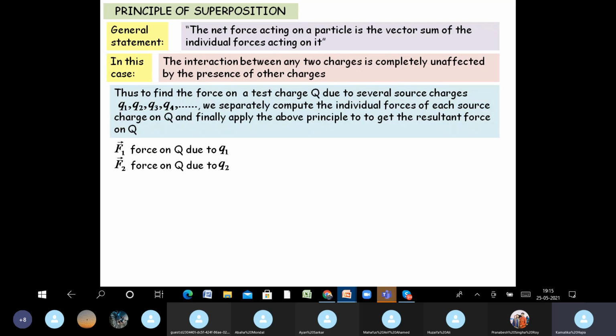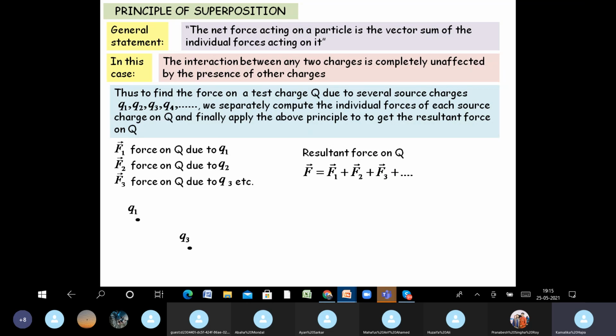So basically, if you have charges Q1, Q2, Q3, etc., and F1 is the force on Q, the test charge, due to Q1, F2 is the force on Q due to Q2, and so on, then the resultant force is the vector sum of the individual forces.